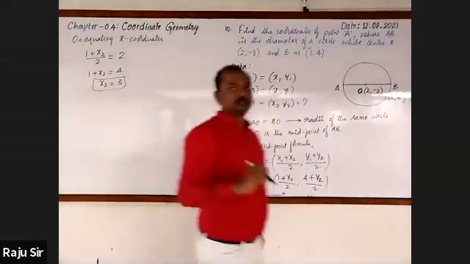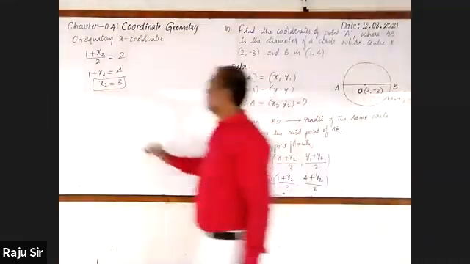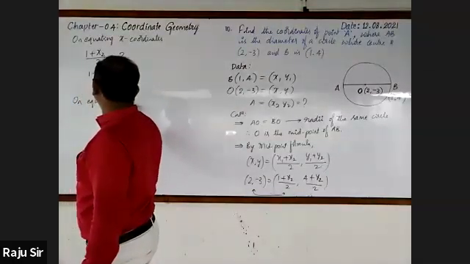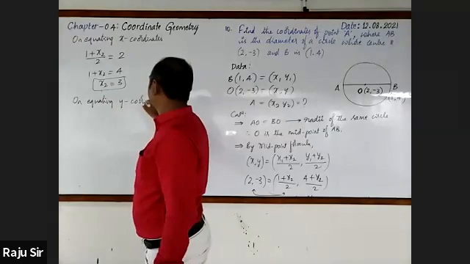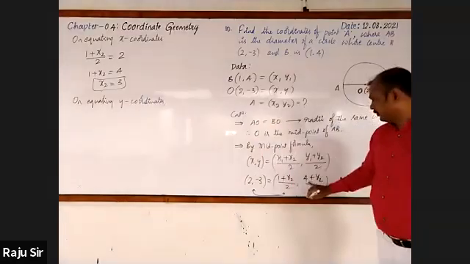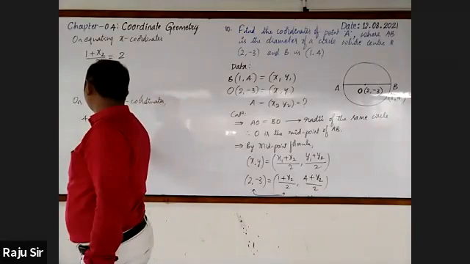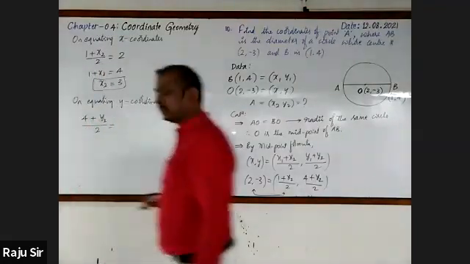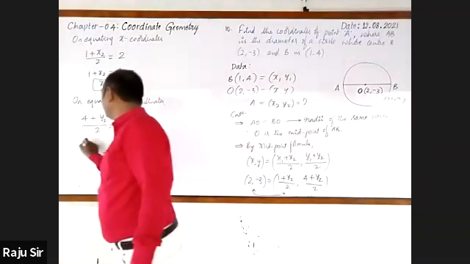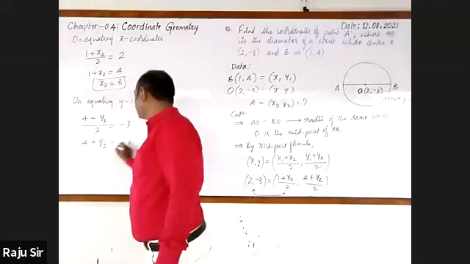Now let us go for equating y coordinates. On equating y coordinates, (4 plus y2) by 2 is equal to minus 3. Then 4 plus y2 is equal to minus 6, by cross multiplication.